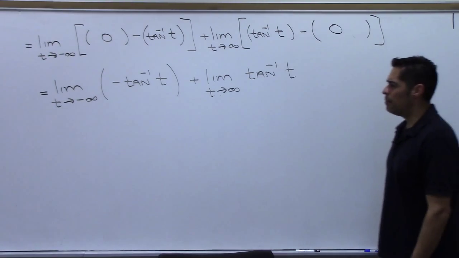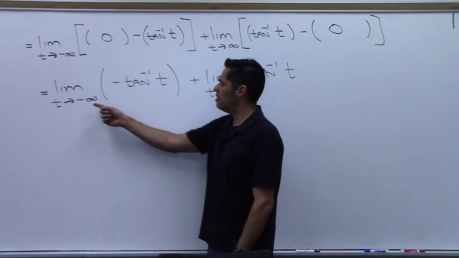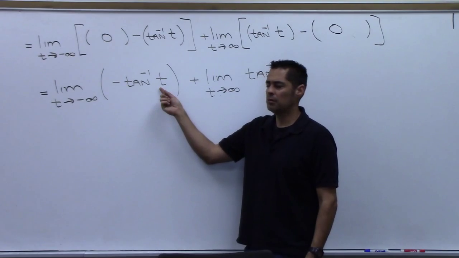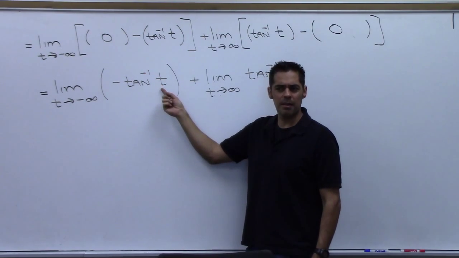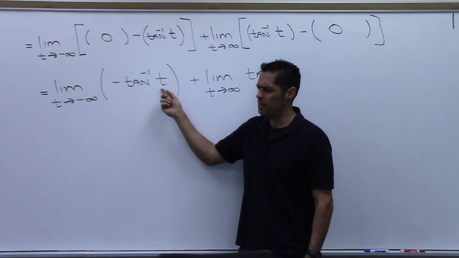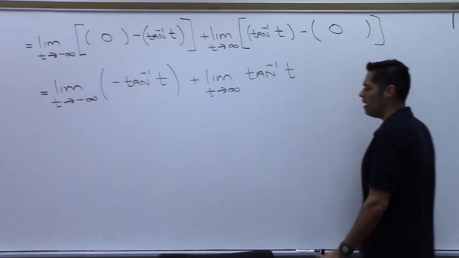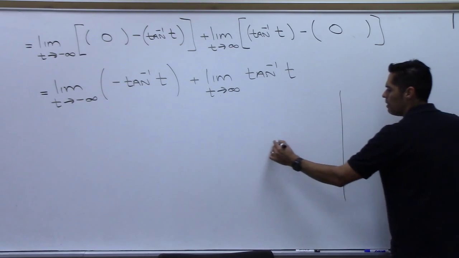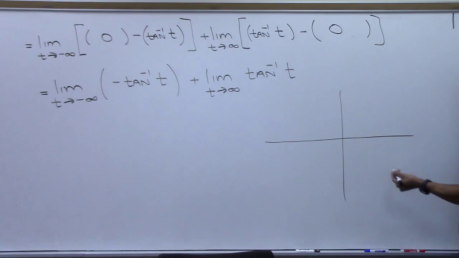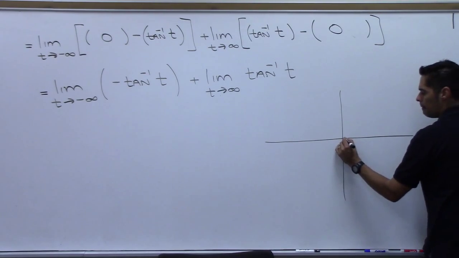So we're trying to let t go to negative infinity right here. Arctangent, and then this is trying to become negative infinity. So the best way, I think, to look at this is to go back and think about not arctan, but the tangent function itself. What does tangent look like?